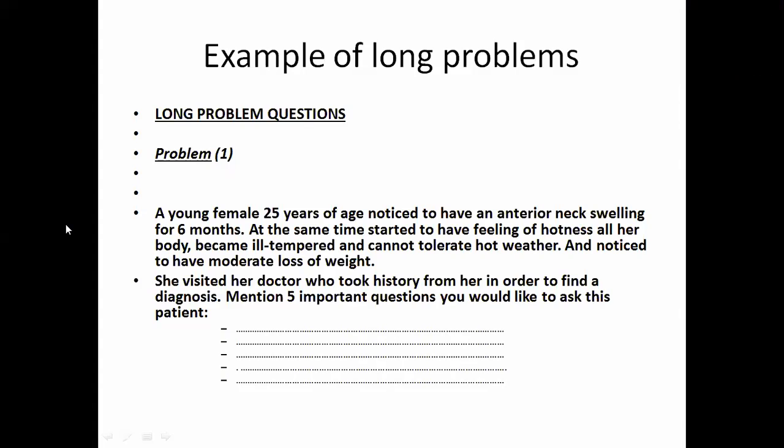At the same time, she started to have a feeling of hotness all over her body. She became ill-tempered, cannot tolerate hot weather, and noticed a moderate loss of weight.